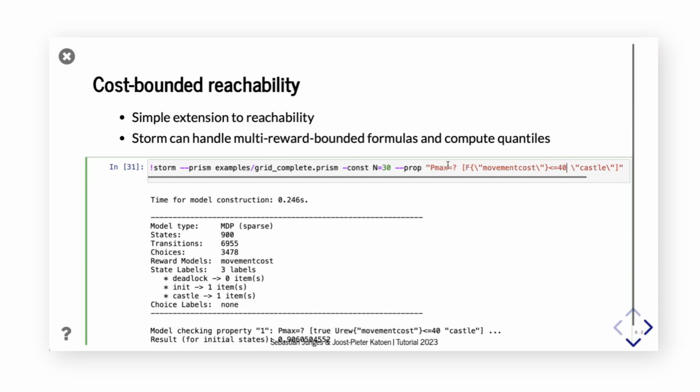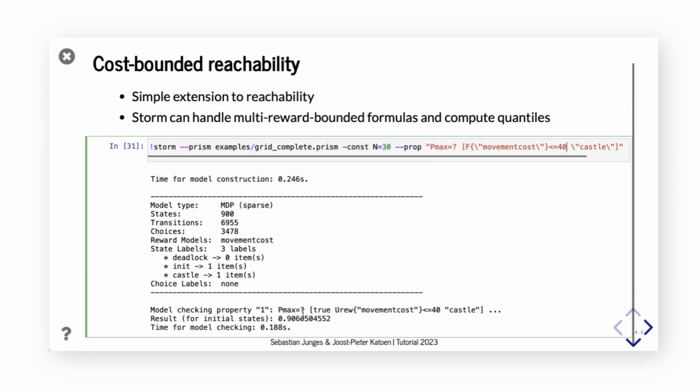So we're trying to find a policy that maximizes the probability that we actually reach the castle, but we cannot use more than 40 units of energy. If you do this, the outcome will be that there is actually a probability of 90% or 91% to do so.